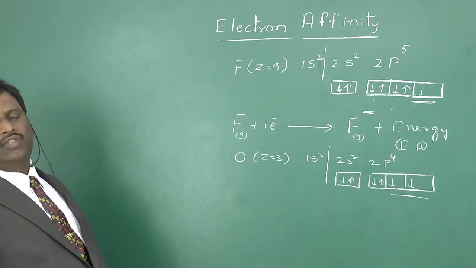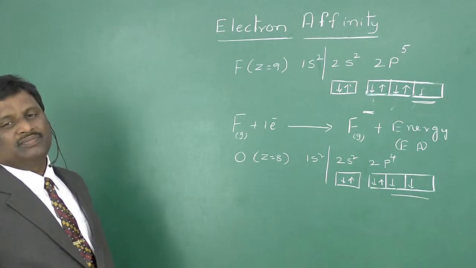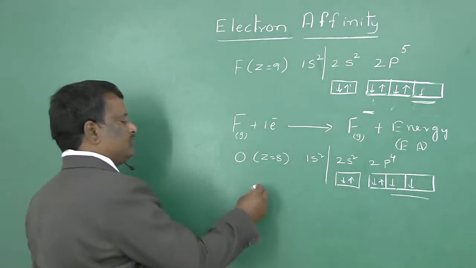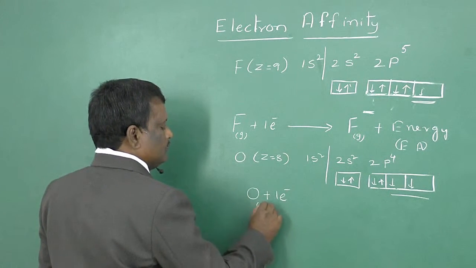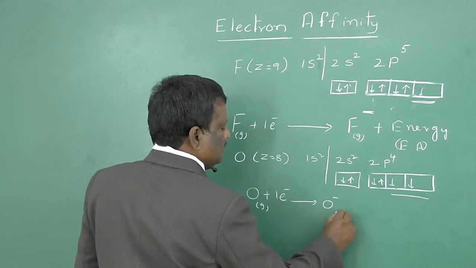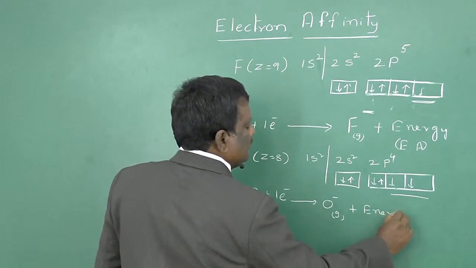Now, here also the same thing. Oxygen has a tendency to gain 2 electrons. If oxygen accepts 1 electron, it is converted into O minus ion in a gaseous state, and energy is released.